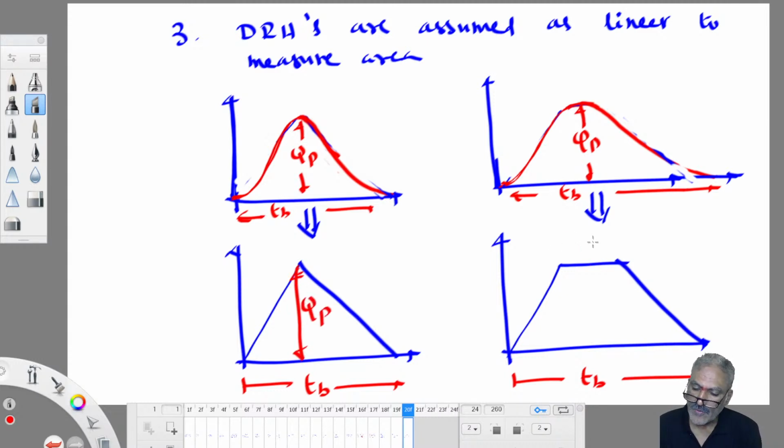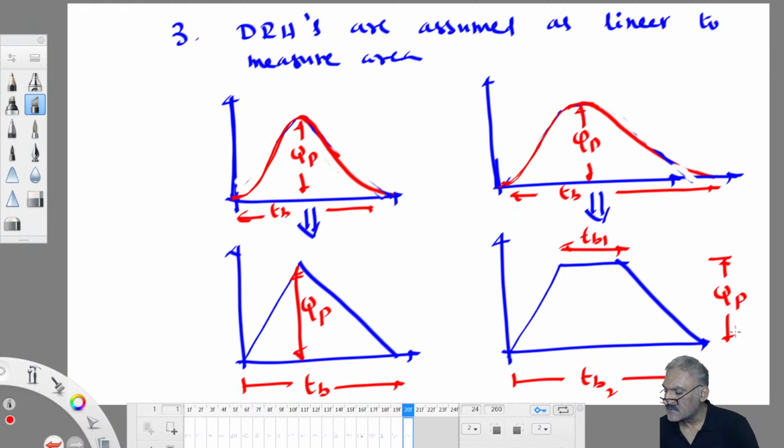So here two TBs will be there, TB2, and the top is given as TB1. And only one peak, this is the peak. Then easily you can measure area under the curve. Understood?